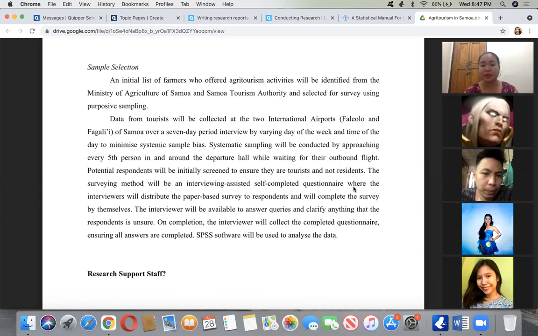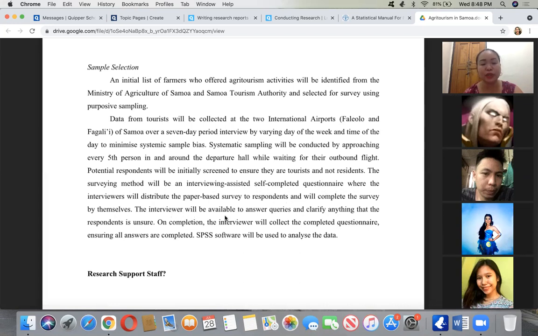So although the questionnaire is... you should state whether the respondent, meaning the one you are interviewing, will just check it or write it down, or whether you have an assistant, an interviewing assistant, where the interviewers will distribute the paper-based survey to respondents and they will complete the survey by themselves.